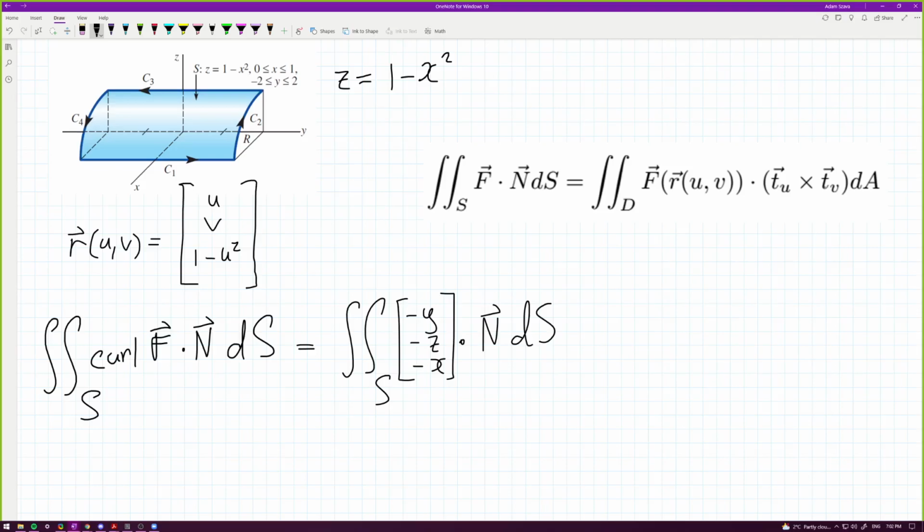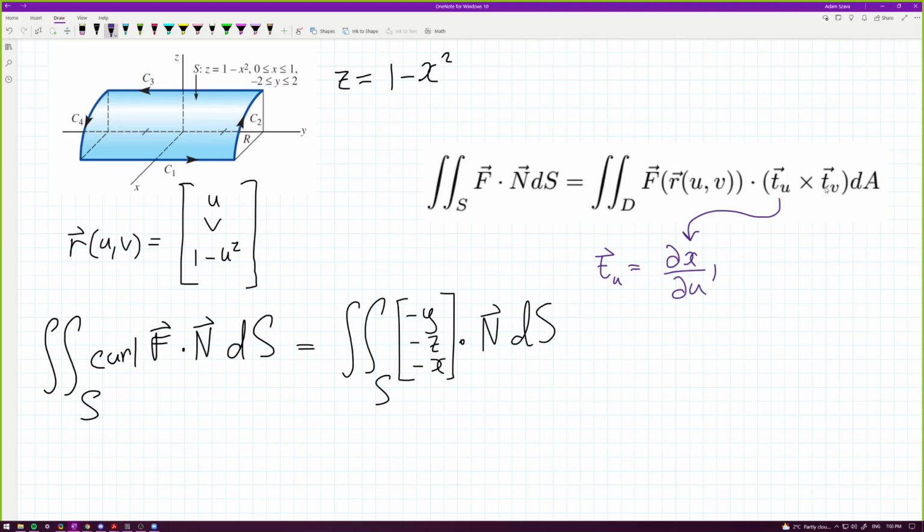Don't worry too much about why they are what they are. I don't really have too good of an explanation for it. I can send you some videos if you're interested in why this is what we do, but the definition of tu, given some parameterization r, is the partial derivative of x with respect to u.